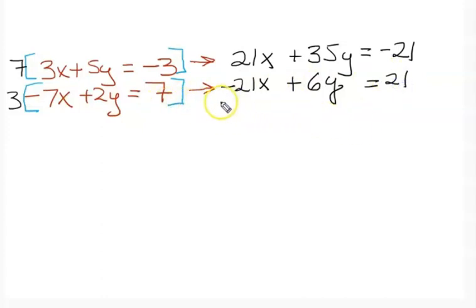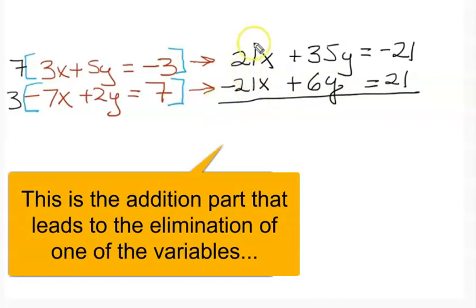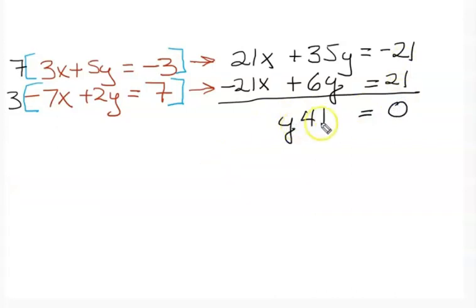Okay, so now we draw our line and add this up. Here, this is a 0. This is going to be 41, and this is a 0. So we get, well, the y, I'm going to put the y there. So divide both sides by 41, and we get y equals 0.